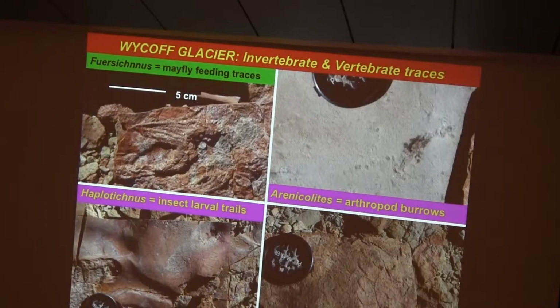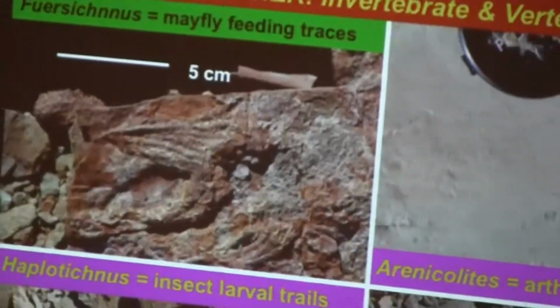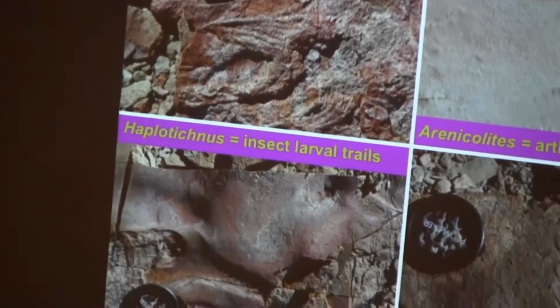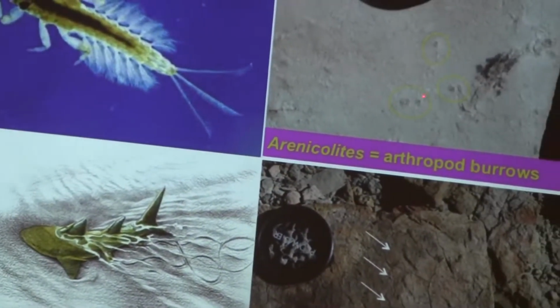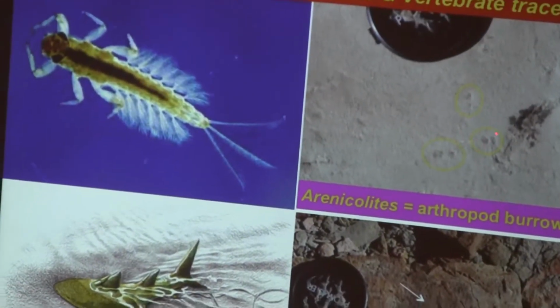All right. So we look elsewhere, and we have lots of trace fossils. Something called Fursichnus, Haplotichnus, Arenicolites, and more Undichna. All right. So our Arenicolites are paired U-shaped tubes. There are the tubes there.